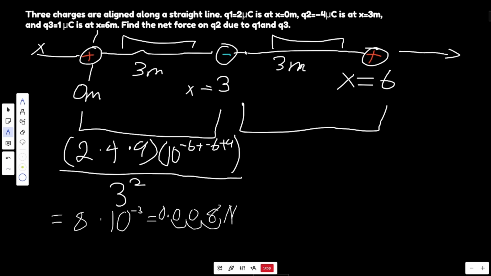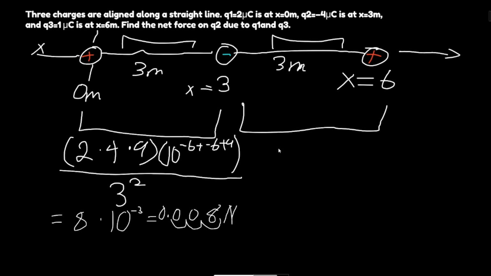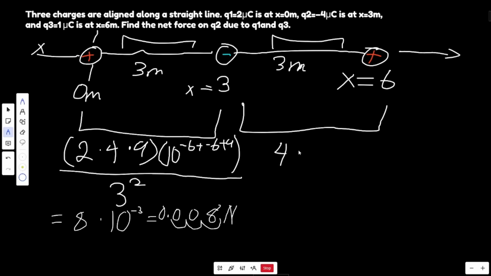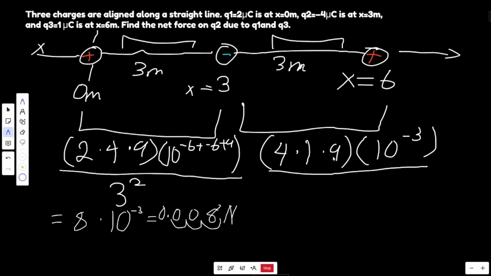Now, how about the other side? So we just repeat the process. So we have Q2, which is equal to 4, because we have the absolute value again, right? Remember? So that's 4 times the value of Q3, which is 1, times 9. And this is multiplied by 10 to the power of negative 3, and we'll put that all over 3 meters squared.